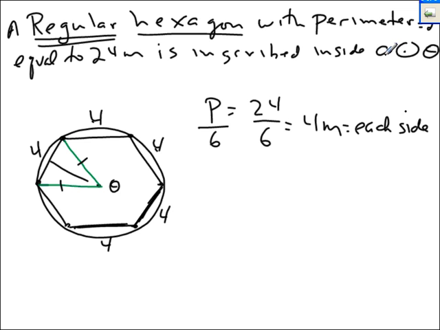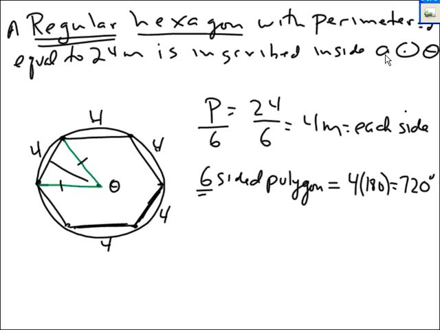Now, we know if we have a 6-sided polygon, the sum of the angles will be 2 less, 6 minus 4 is 2, times 180, which, if I'm not mistaken, is 720 degrees.